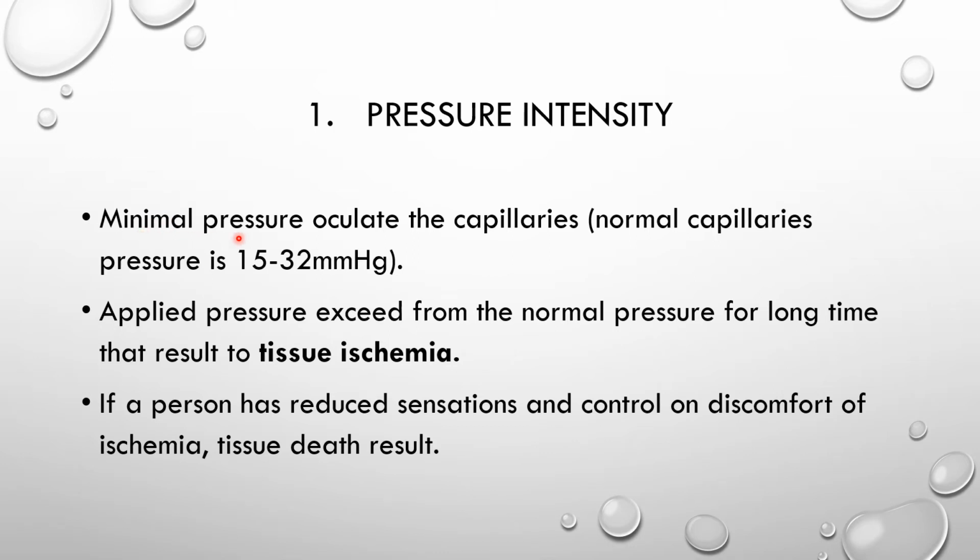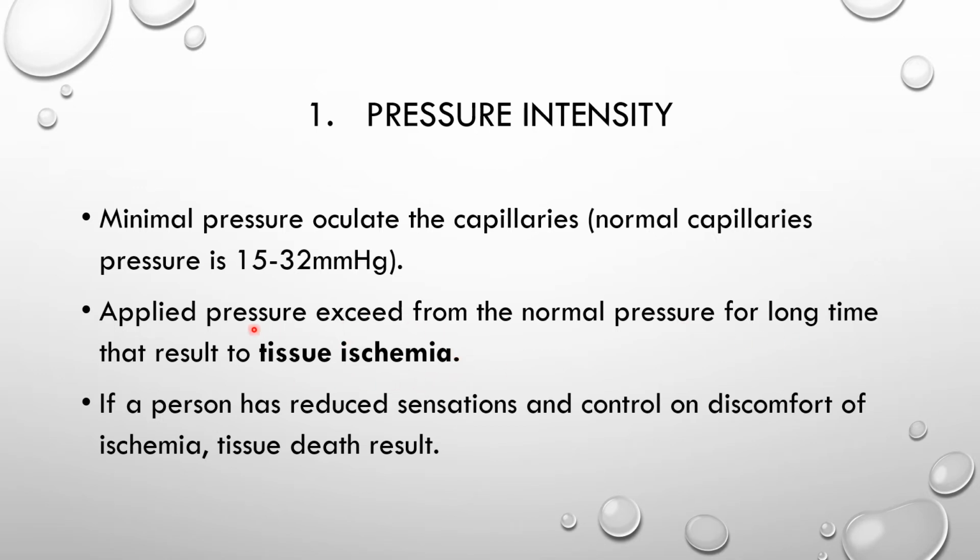As you know, the normal capillary pressure is 15 to 32 mmHg. If the pressure exceeds this normal pressure, the blood capillaries are pressed, the blood flow is stopped, and the capillaries are occluded by this pressure, and that leads to tissue ischemia.